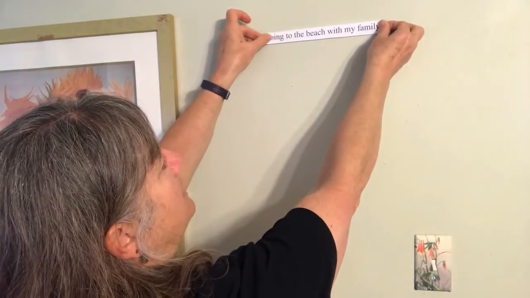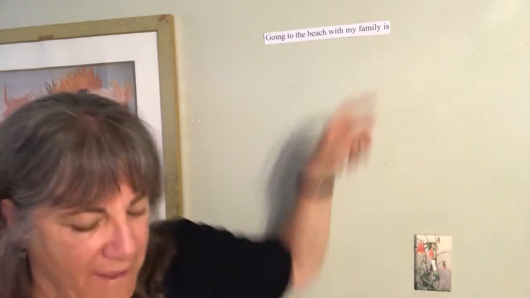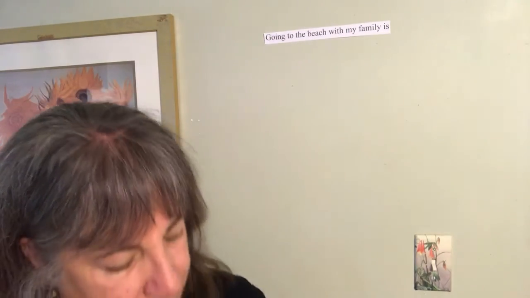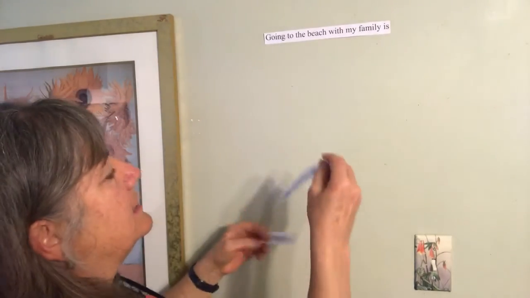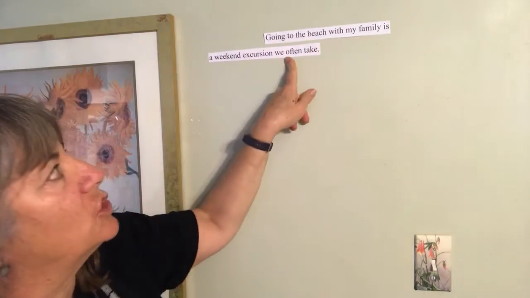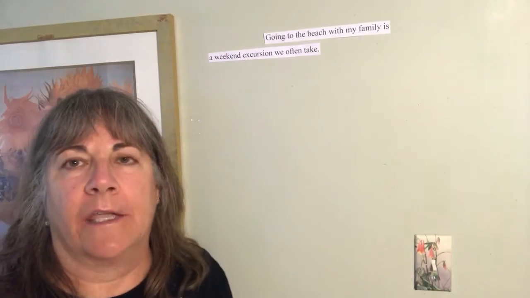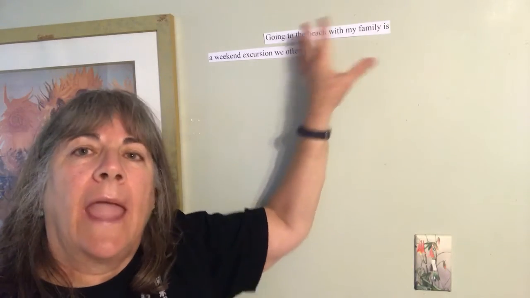All right, so I'm going to put up here, "Going to the beach with my family is a weekend excursion we often take." So that is going to be my topic sentence.